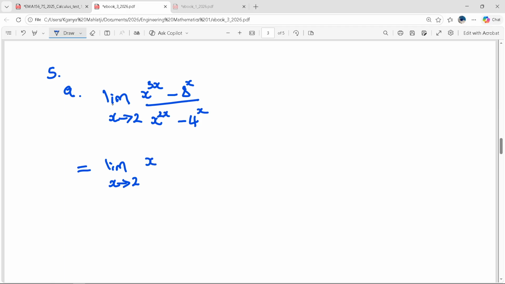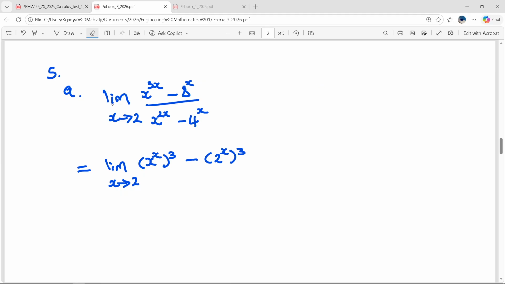We'll have open bracket x to the power x, close bracket, to the power 3, minus, that's how you must always approach it, open bracket 2 to the power x, close bracket, to the power 3, because we know that 2 cubed equals 8.